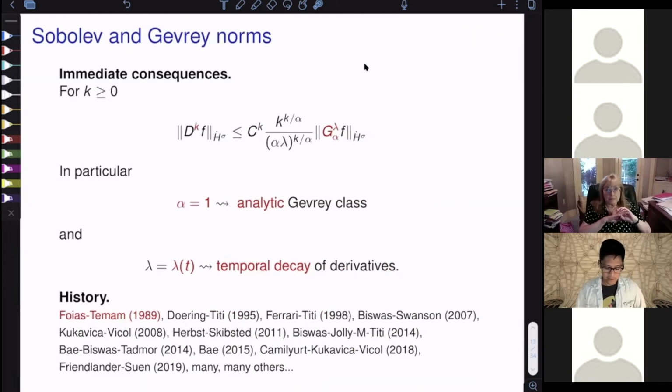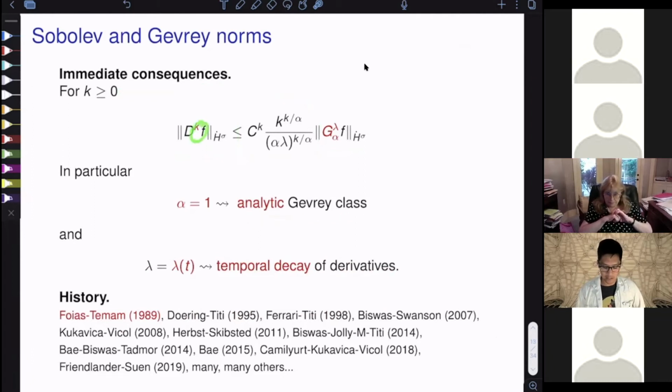Here are some immediate consequences of having a finite Gevrey norm. One can immediately show that all higher order derivatives of a function can be bounded if one knows that the Gevrey norm is bounded. In particular, the case alpha equals 1 essentially corresponds to the analytic Gevrey class.